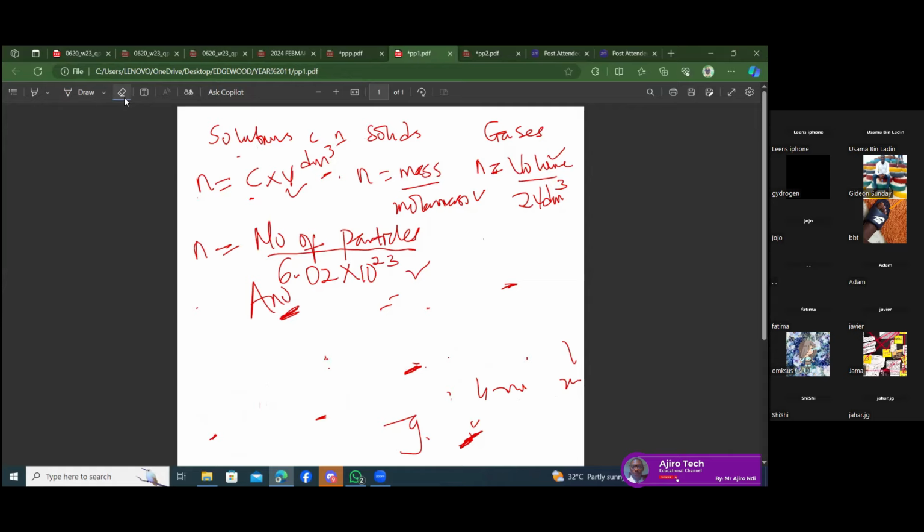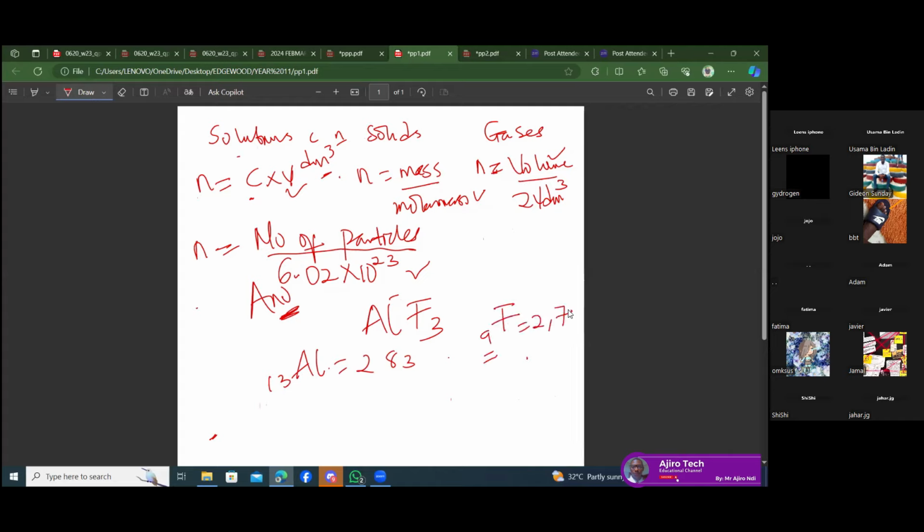All I need to do is to draw, you'll be given a space in your question paper to draw how the aluminium loses electrons. Okay, so for instance, aluminium has a proton number of 13, so its electronic configuration is 2,8,3. Fluorine is 2,7.